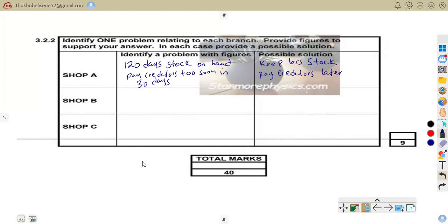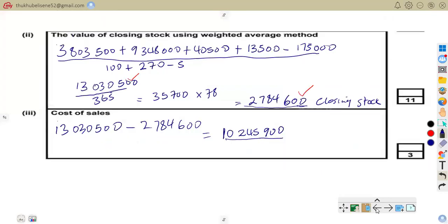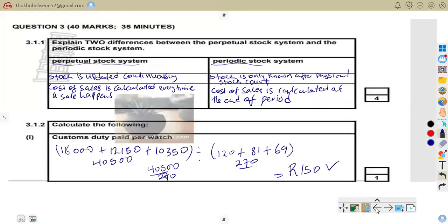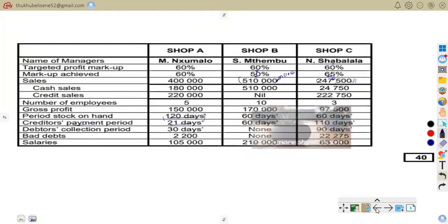So now let us go to shop B and see the problem and then try to find how we can solve the problem. So here we are on shop B. Shop B, if we can look at the gross profit margin or markup, it is 10% lower.